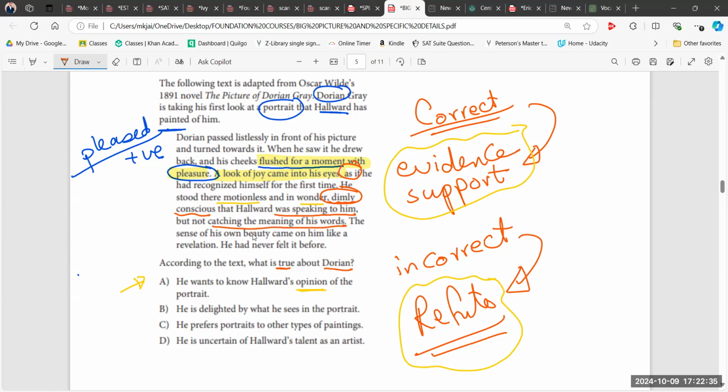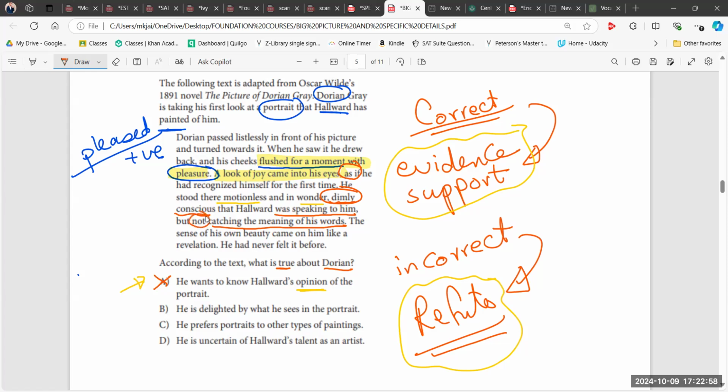So, was he listening to Hallward? No. So how would I say that he wants to know Hallward's opinion on the portrait? On the contrary. Hey Ziad, so it will be B. So it can be A. Okay, he's not even listening to him. He's not even conscious.